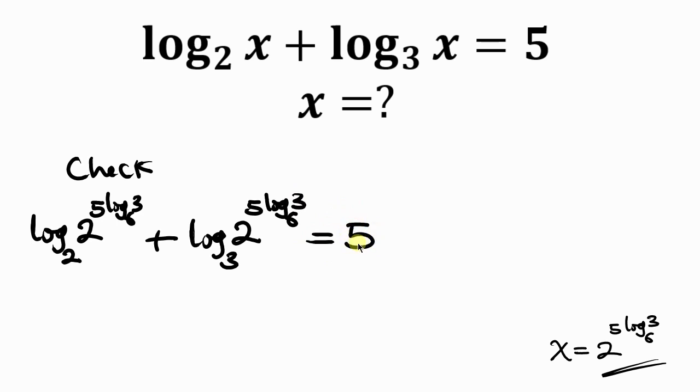Now let's do something. From the property of logarithm, when I have log A to the power of P, this is the same as P times log A. That means this power goes to the front. And we're going to be applying this to what we have here and what we have here.